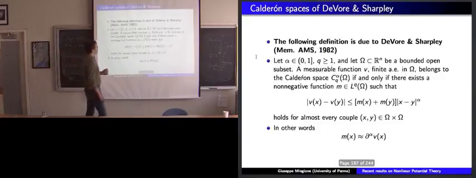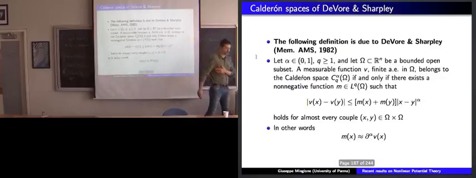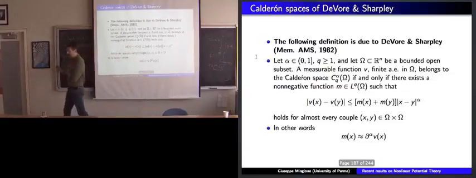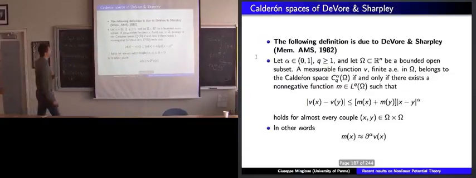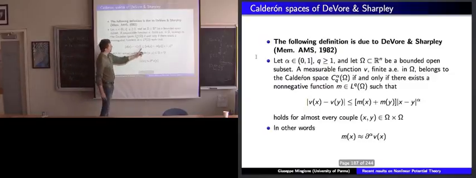And Hölder semi-norm means also you are controlling fractional derivatives. Okay, at this stage, it is suitable to introduce another version of fractional spaces, because there are all kinds of fractional spaces. As I said before, Sobolev-Slobodeckij, Nikolskii, Besov, and this is another variation, and these are called Calderón spaces. First introduced by DeVore and Sharpley. So Calderón spaces can be introduced in the following way.